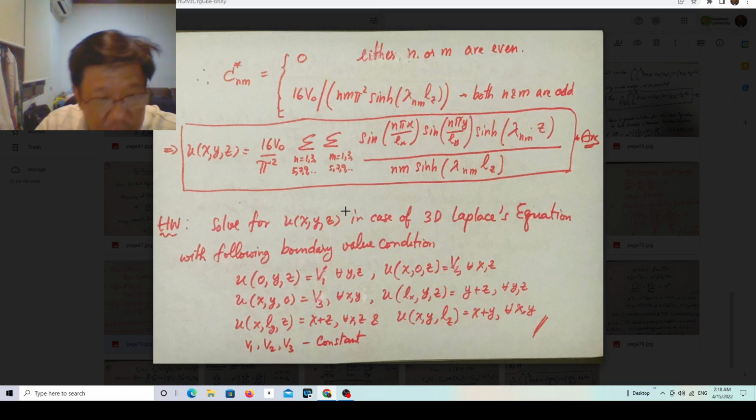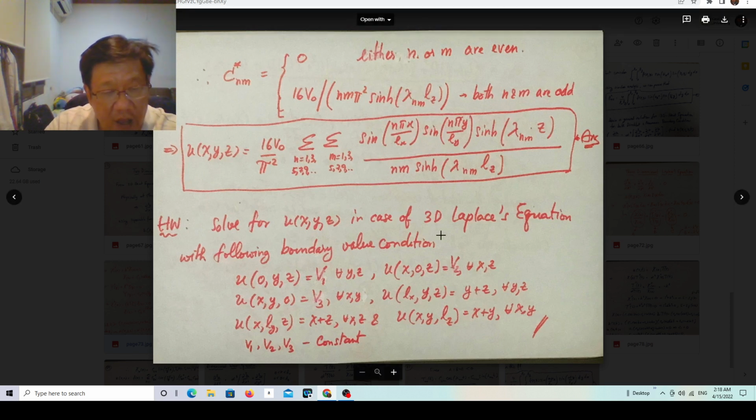And I also leave you with this problem. Suppose we want you to solve for u of x, y, z in the case of the 3D Laplace equation based on this boundary value condition. It's all non-zero here.